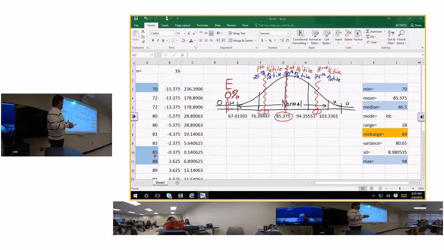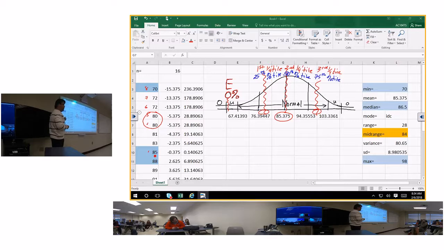Now, if the n is odd, it's that middle number, and you count the numbers above it. 1, 2, 3, 4, 5, 6, 7, 8. What is n? N is even, right? So we have to take the median using those 2 numbers. You've got 3 below, you've got 3 above. So in this case, we don't have to calculate it.